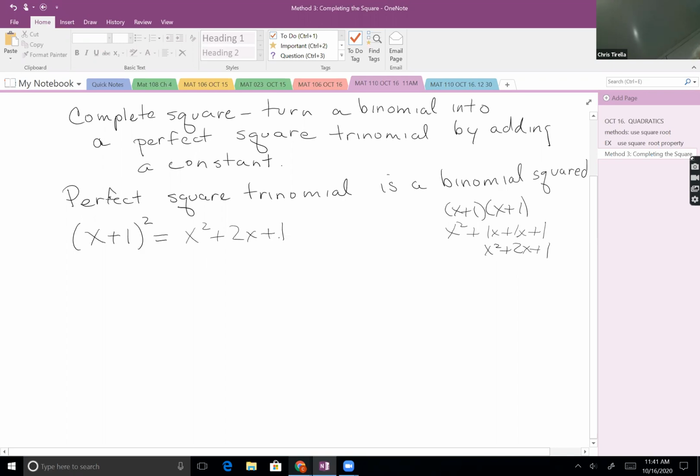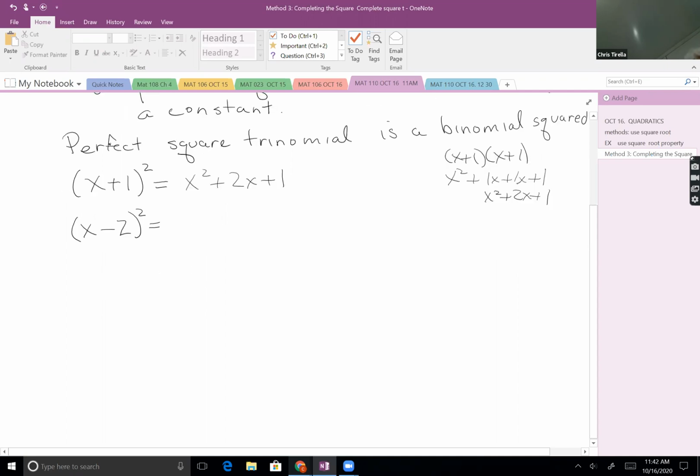And that's interesting. I'm going to be quiet for a minute and ask you folks to please do the algebra on your own to take x minus 2 and square it, and tell me what you notice, or tell me what you get.